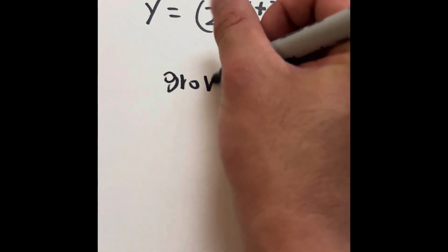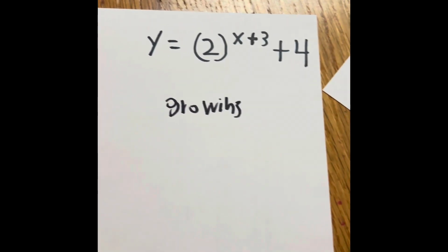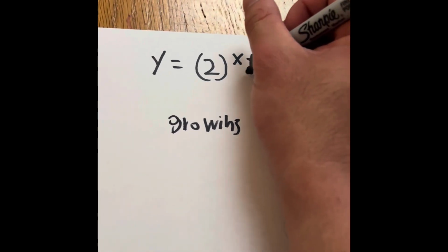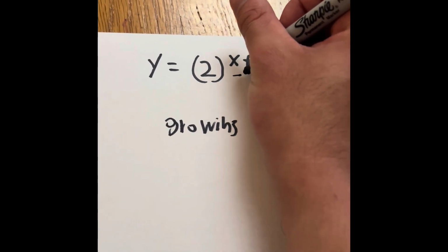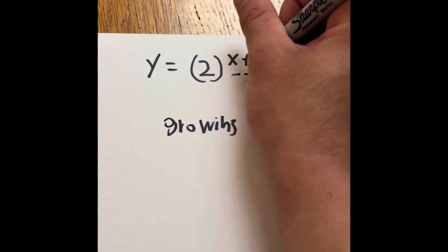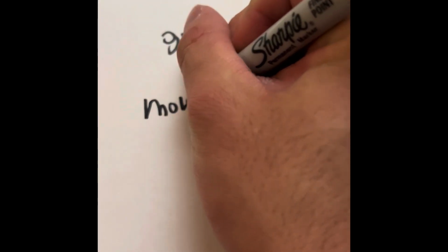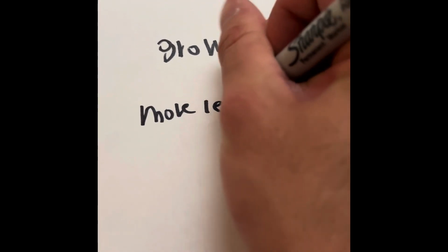Let's take a look at the next one. This one is different. Is it growing or decaying? Yes, it's growing, because the value of a is greater than 1. And when we have a negative, it's going to move to the left 3 units.